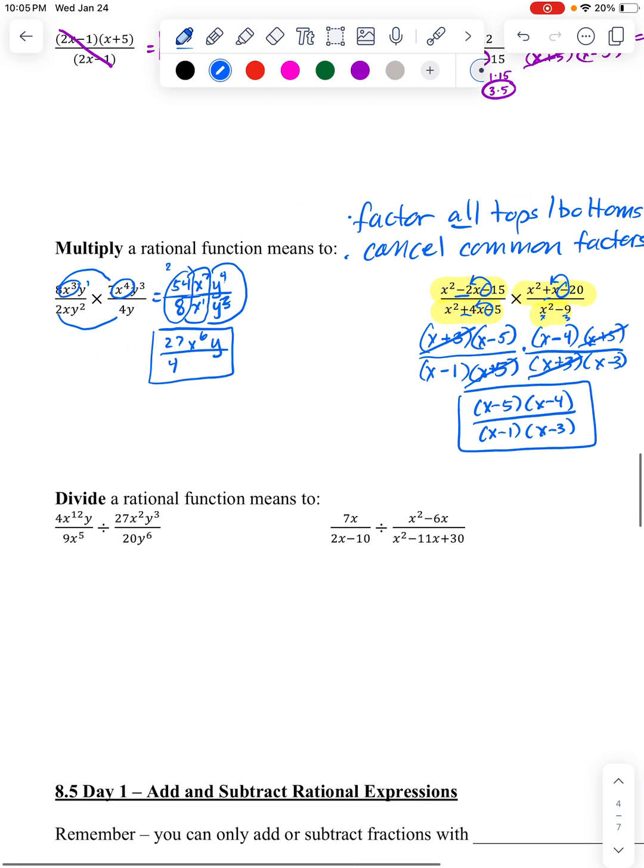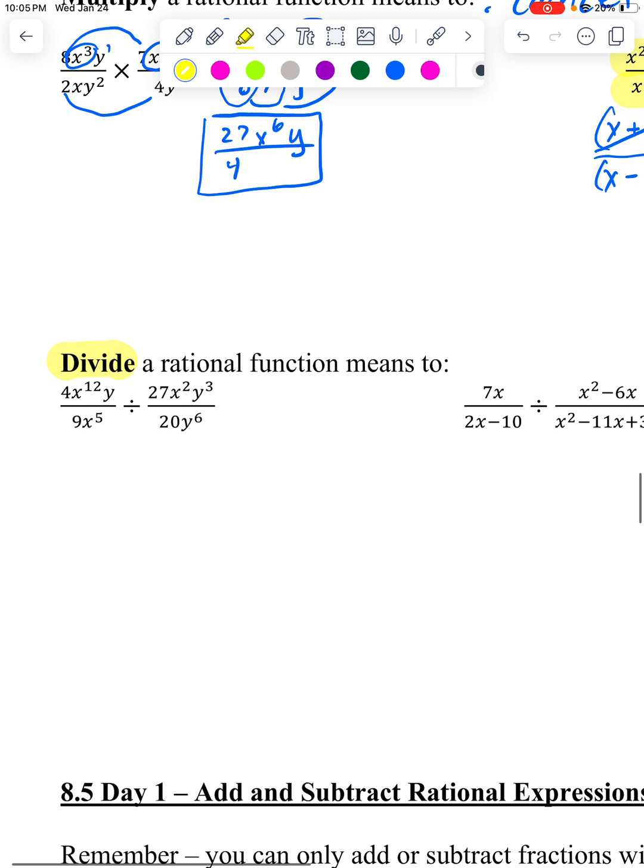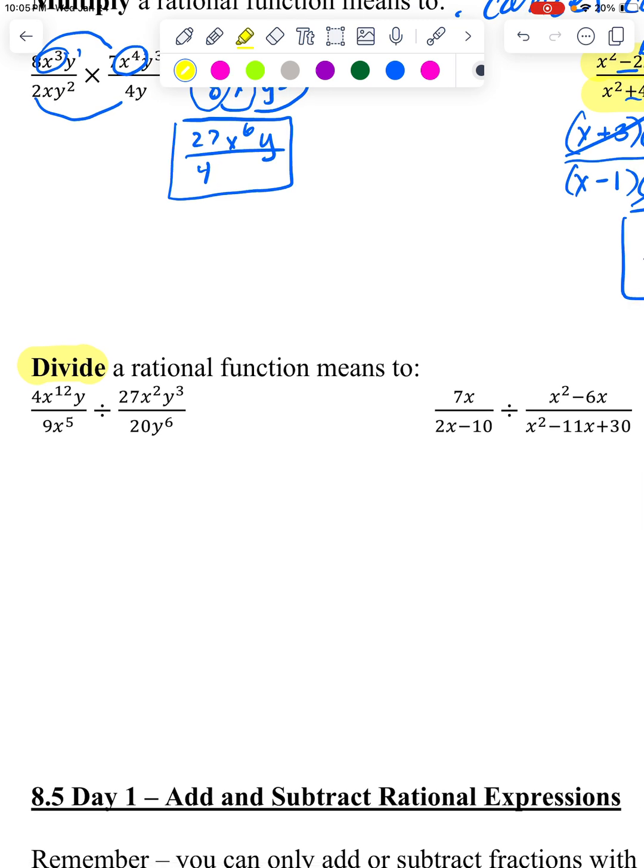So simplifying and multiplying are really just the same thing. There is just a little bit of a twist, kind of literal twist, when you're dividing. Dividing can kind of strike fear in the hearts of people, but you're not really dividing. Keep in mind that dividing is the same as multiplying by the reciprocal. So if I'm going to divide by 2, that's the same as multiplying by a half.